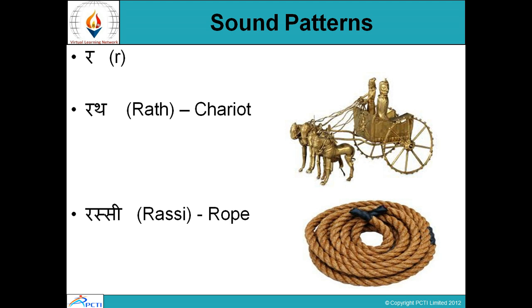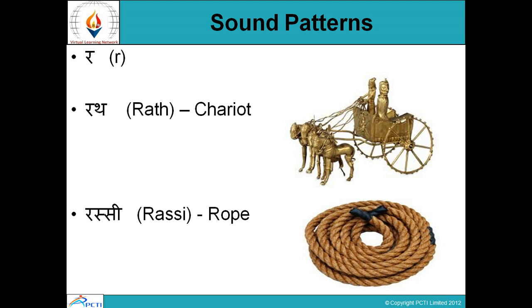Next sound pattern is R. Rath. R we have for R in English. Rath is a chariot. We all know chariot. It was there in the ancient times, earlier times.